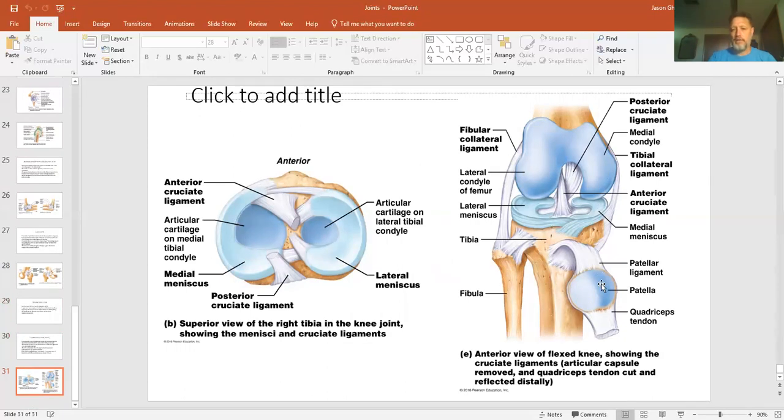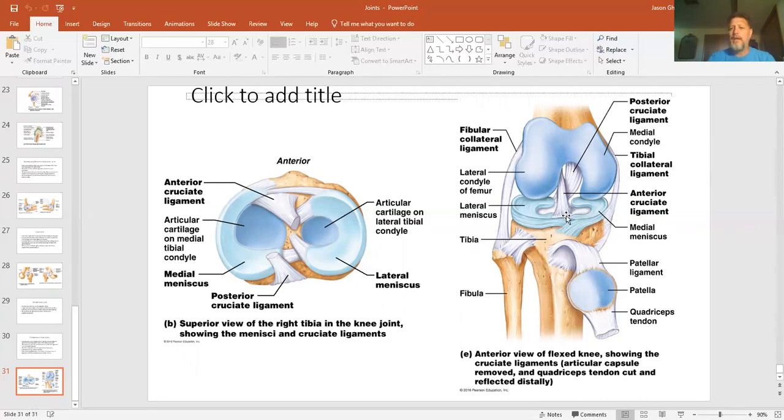There are your condyles. Here are your condyles from the femur going down to the epicondyles on the tibia. You have your fibular collateral ligament. Sometimes people will know this one as the lateral collateral ligament because it's on the outside. You'll have the tibial collateral. It's also known as the medial collateral ligament because it's on the inside of the knee.